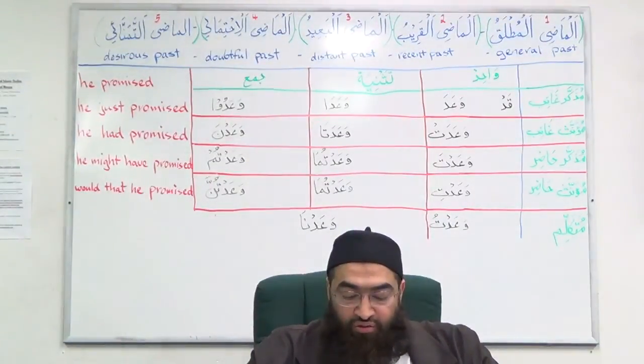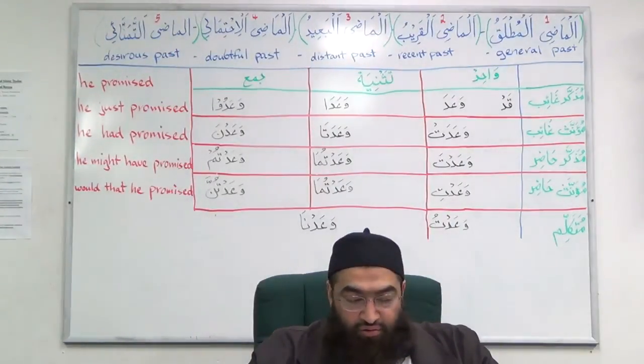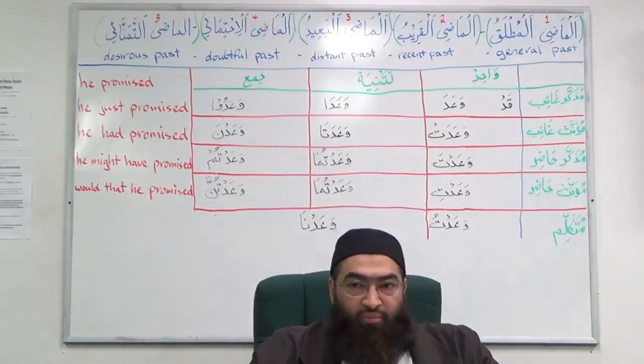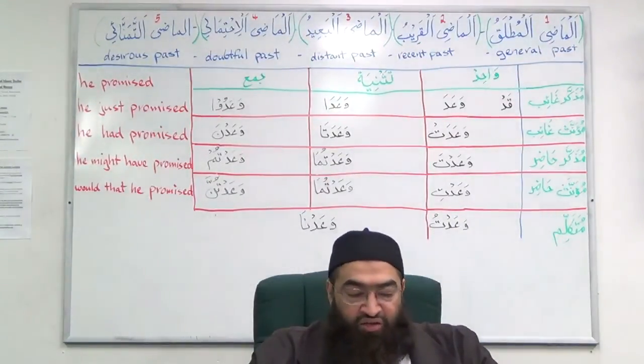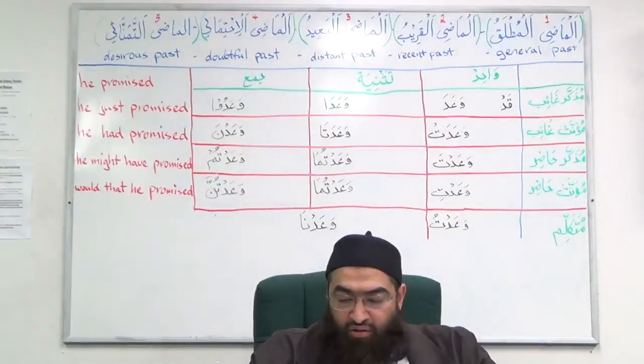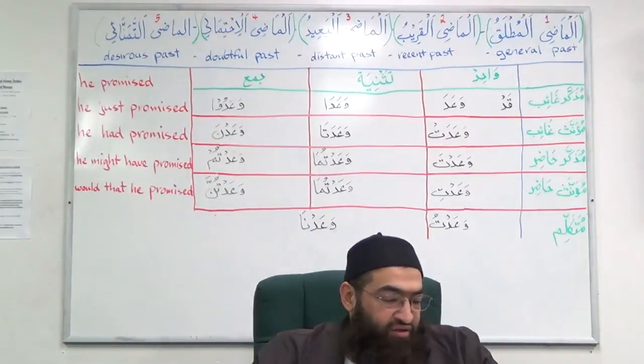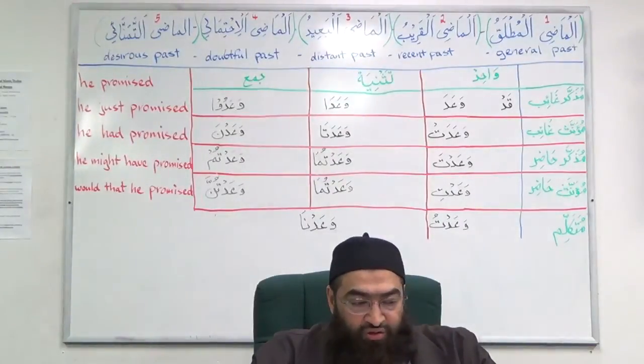We mentioned that ma'roof means when the subject of the verb is mentioned and indicated. And then majhool is when the subject of the verb is not indicated and not mentioned.